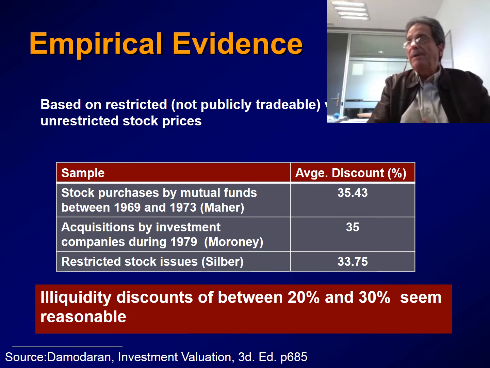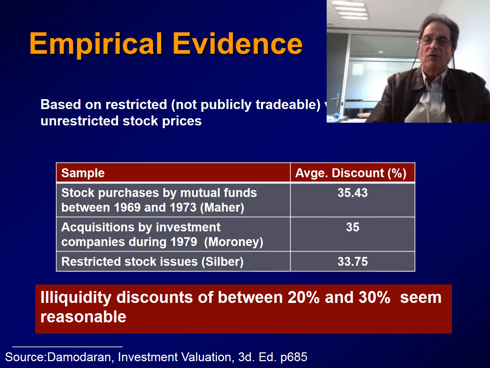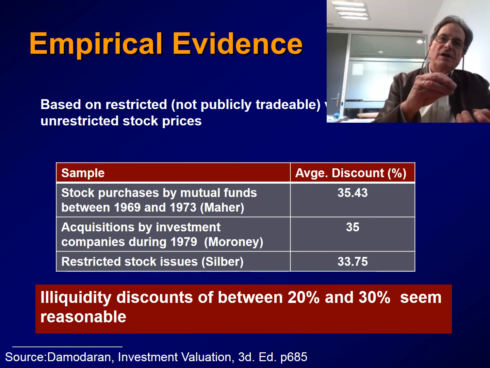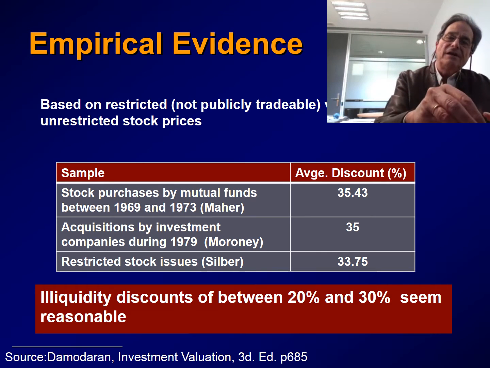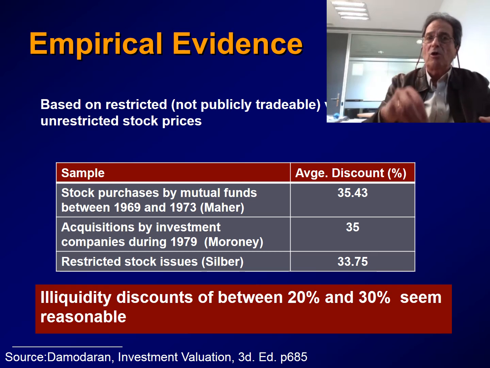There is some empirical evidence as to the amount of this illiquidity discount. And this analysis has been done by comparing the prices of shares which are negotiable with other shares which are not negotiable in the stock market. So it is quite common to have some companies whose shares are traded in the stock market and other shares of the same company are not.